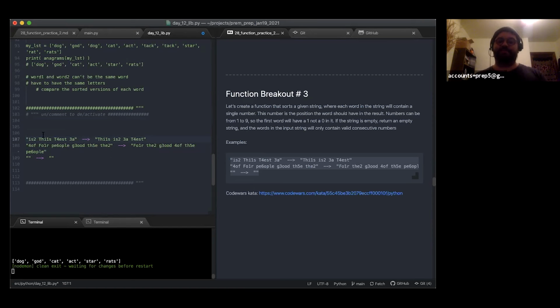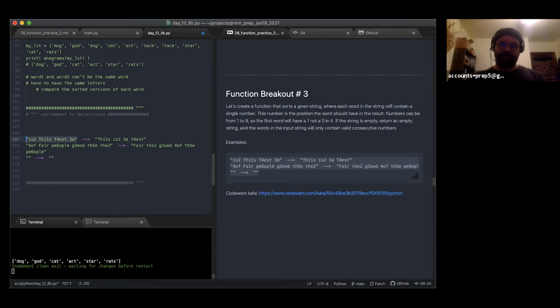So the number that appears in a random place in the word will tell us the position that that word should have in the sentence. This has a 1 in it, so it goes first. Is has a 2 in it, so it goes second. A has a 3 in it, so it goes third. And test has a 4 in it, so it goes fourth. So it's a little bit odd here.